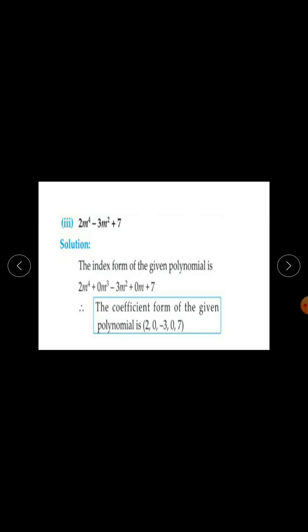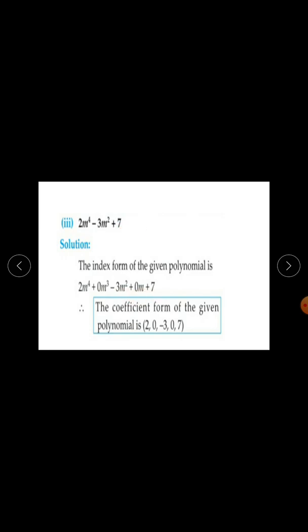Third subquestion. 2m raised to power 4 minus 3m square plus 7. So here in this polynomial there is no term having power 3 of the variable. So we can write it as 0m cube. And there is no term having power 1.